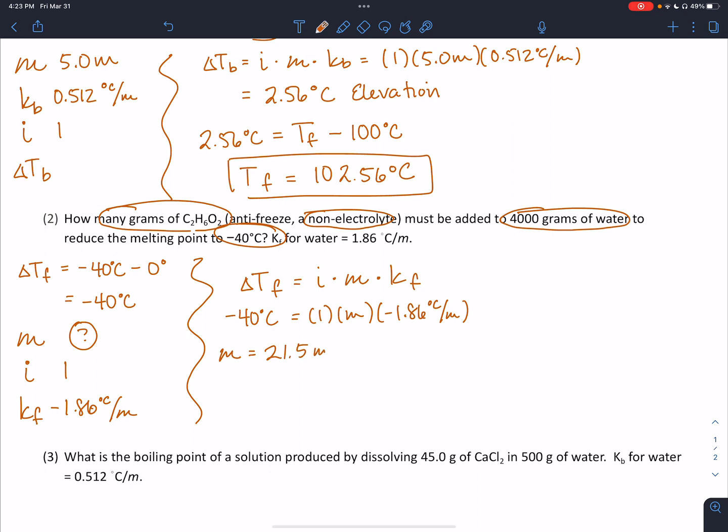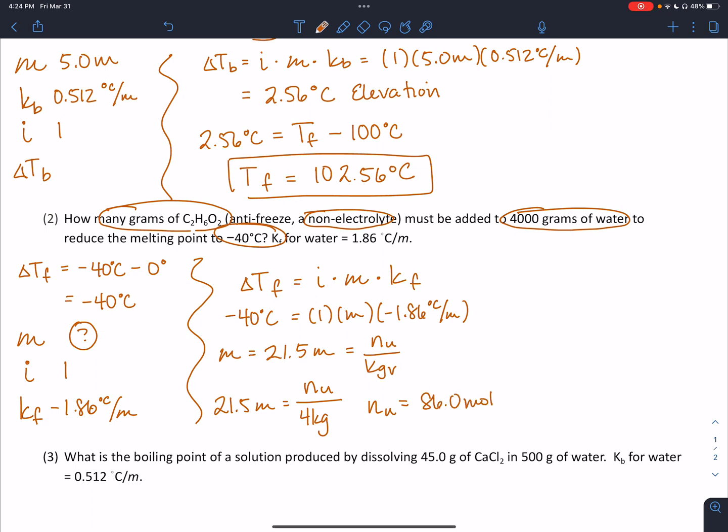21.5 molal. All right, now that molality is equal to moles of solute divided by kilograms of solvent. So 21.5 molal is going to be equal to my unknown amount of solute divided by my kilograms of water. Now I know that I have 4,000 grams, so that's the same thing as 4 kilograms. So the moles of solute that must be present in this solution are 86.0 moles.